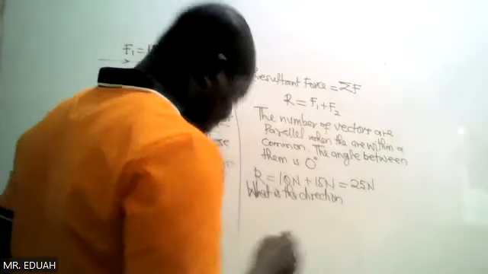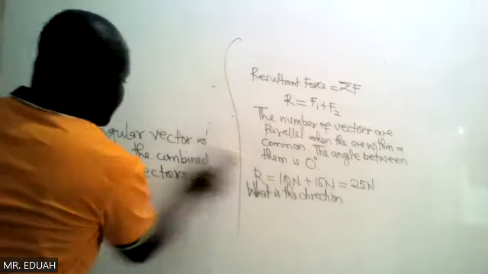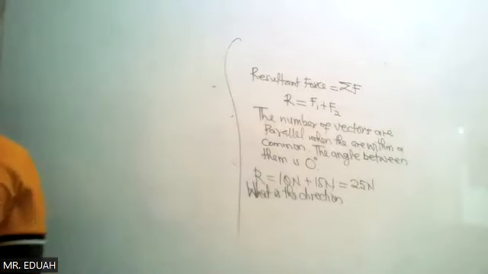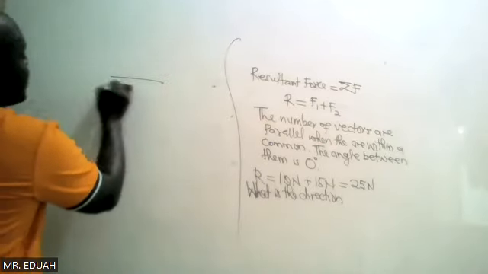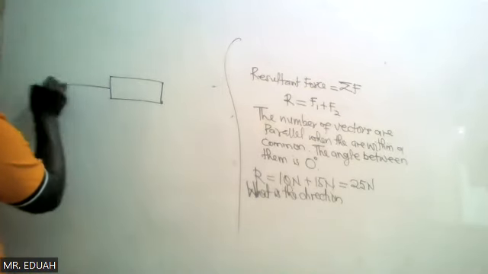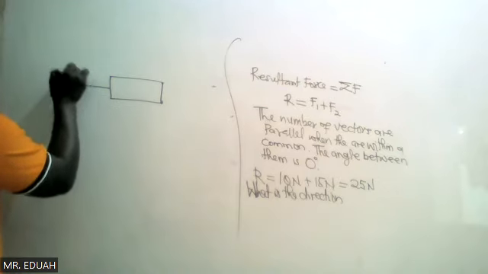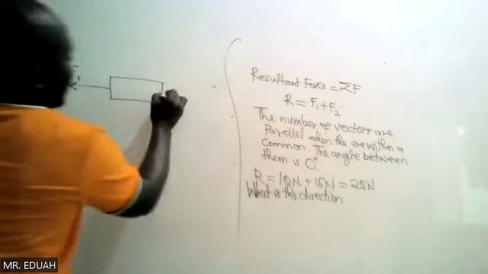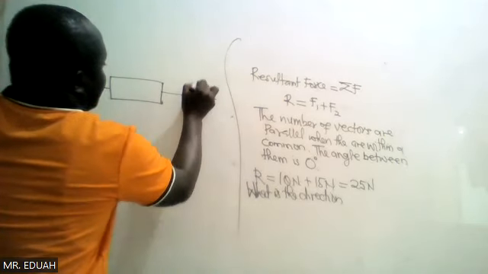Now, when they are acting in opposite directions, the same forces, but this time there's the mass. We have one of the forces acting in this direction, F1, another one acting in the opposite direction, F2.